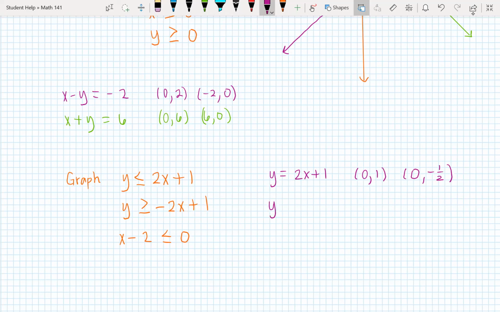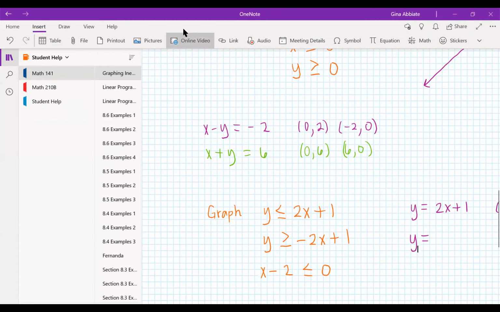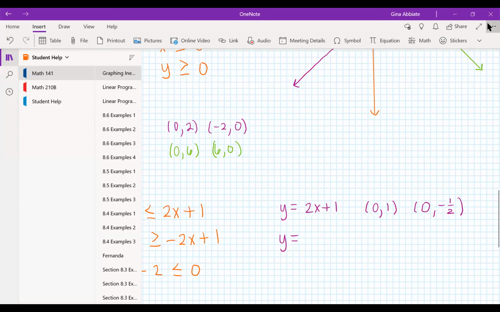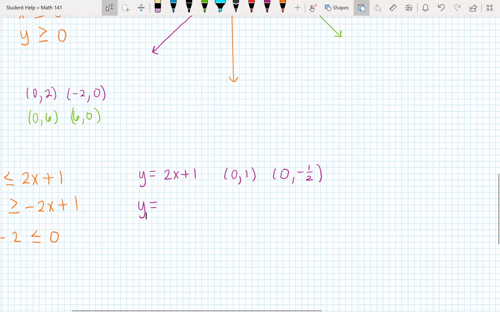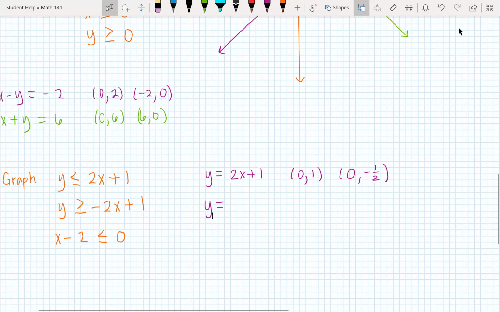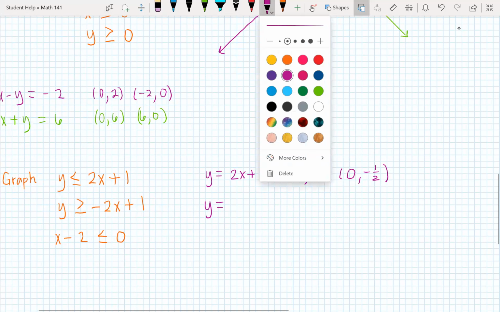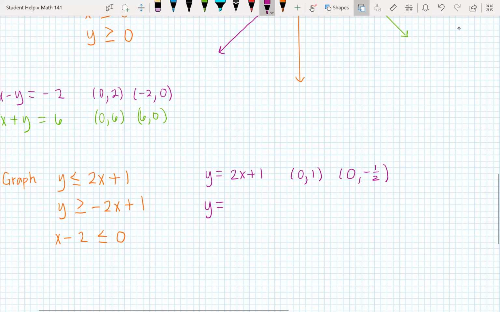For the second line, y equals, is that right? Pause for a second, just double check. Okay, I'm back. For the second equation, I'll do that one in green. y equals negative 2x plus 1.